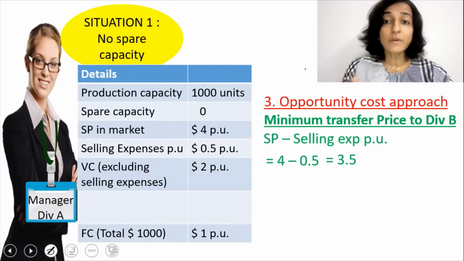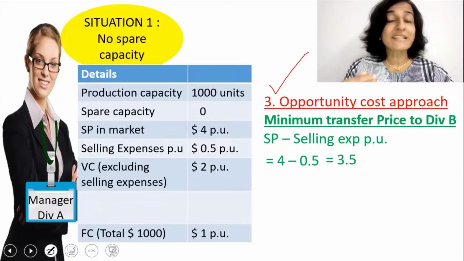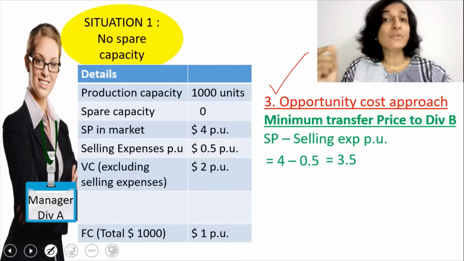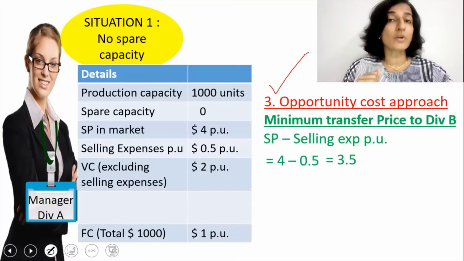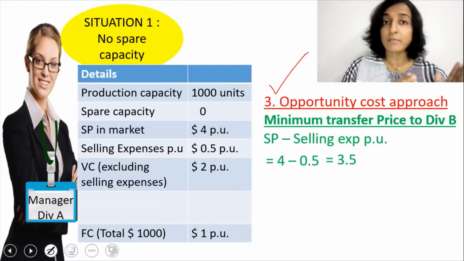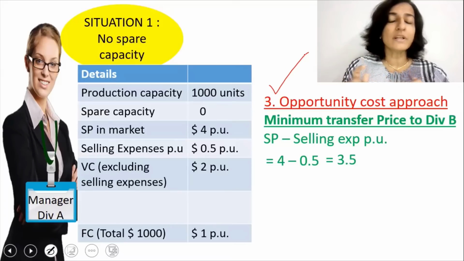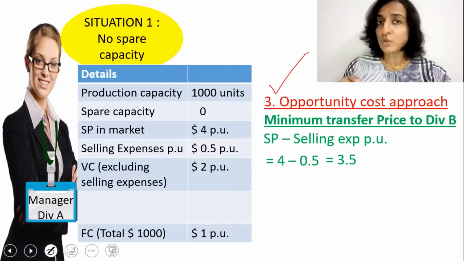Now, in this method, you might wonder, why is it called the opportunity cost approach? What do you mean by opportunity cost? Opportunity cost is the revenue which is lost from the next best alternative. So if the goods are transferred from division A to division B, what is the lost contribution? So let's calculate the contribution that division A would receive if it sells in the external market, because that's the contribution that A will lose if it transfers to division B. Contribution, as you know, is selling price minus variable cost.